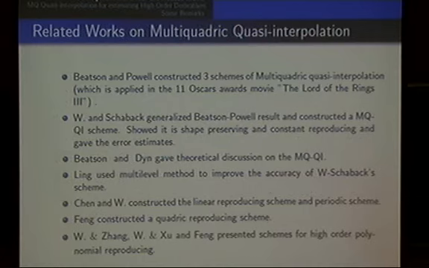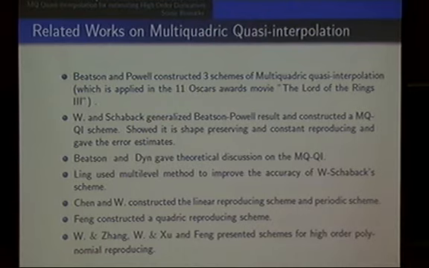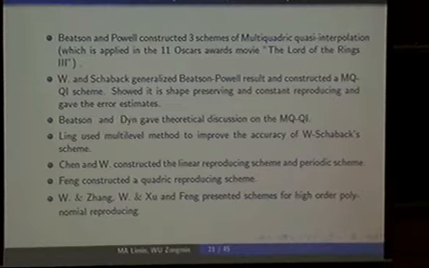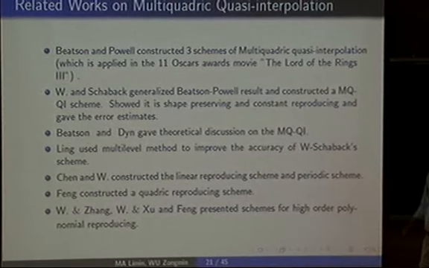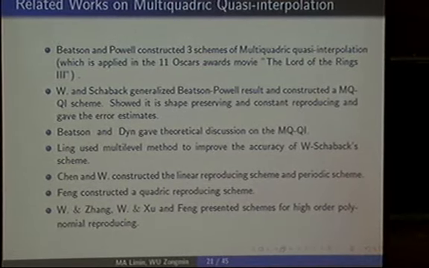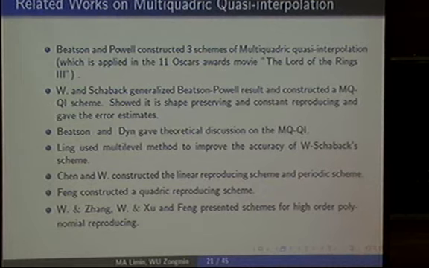And then we can use the MQ kernels to construct a quasi-interpolation. This quasi-interpolation was suggested by Beatson and Powell. They constructed three schemes of MQ quasi-interpolation. And this technique was used and applied in the 11 Oscar Awards movie, The Lord of the Rings.